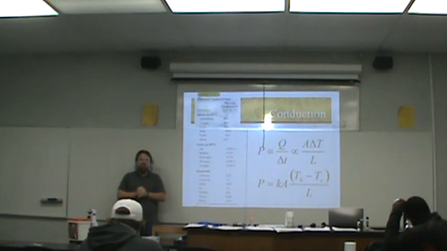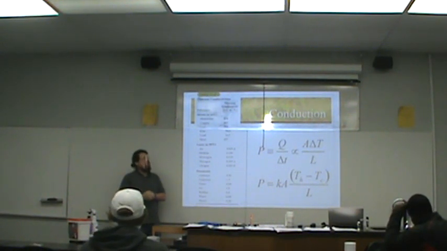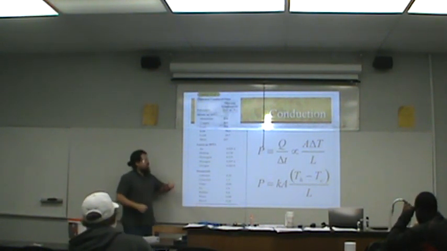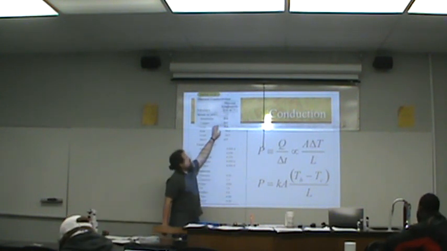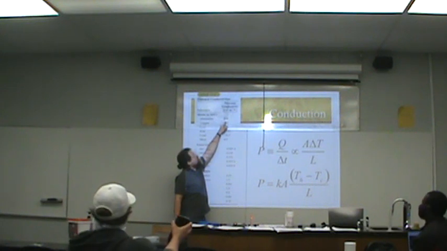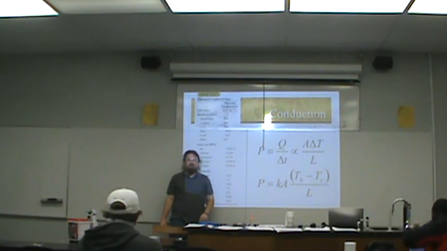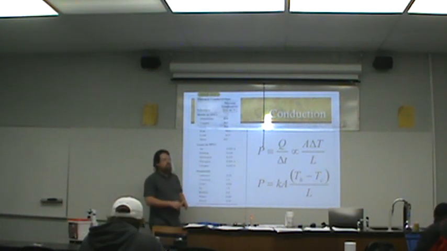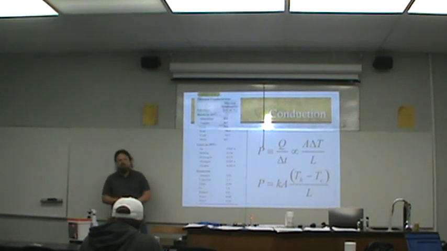Every different material has a different coefficient of thermal conductivity. So it says up here, these are thermal conductivity constants in terms of joules per second per meter per degree Celsius. This tells us how each material has a tendency to allow thermal energy to pass through it.